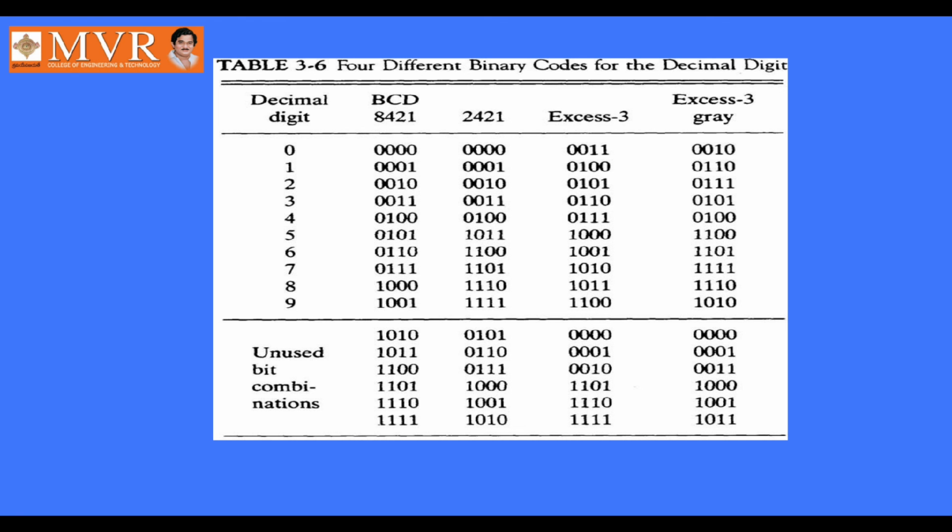XS3 you just calculate from 8421. For gray code, with the given binary value, I have shown you how to generate it with the XOR circuit. Keeping in mind the XOR gate circuit and XOR truth table, you can easily calculate the gray code with the help of a given binary value.